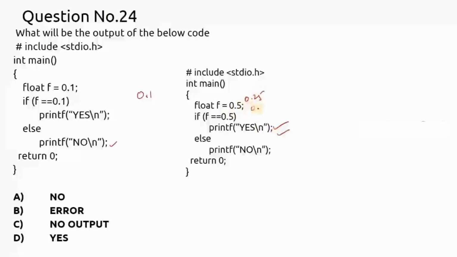Even for 0.75 also I am getting yes. Even for 0.125 I am getting yes. If I take 0.1 or something like 0.15, or something like 0.32, I am getting no. So what is this problem? Why are we getting no for these values and yes for these values?